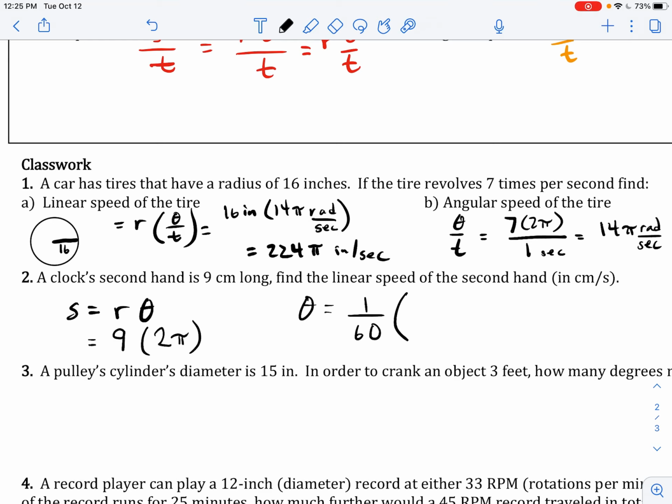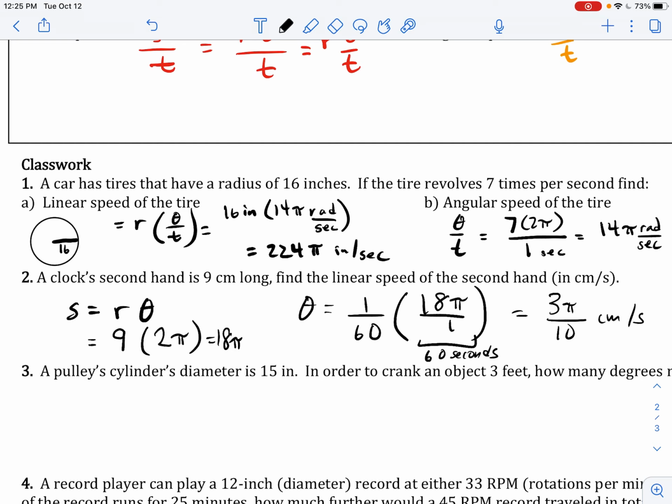So in one full rotation, the arc length was 18 pi, in 60 seconds. I'm seeing what the linear speed was, how much distance I traveled in that time. This would then have to be 3 pi over 10 centimeters per second.